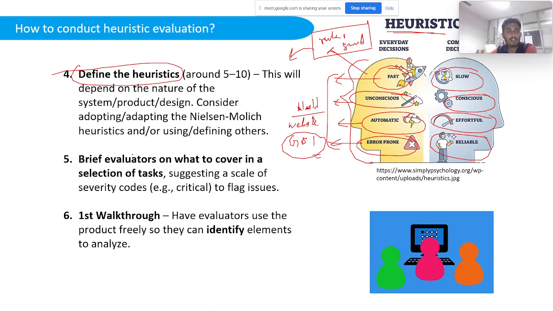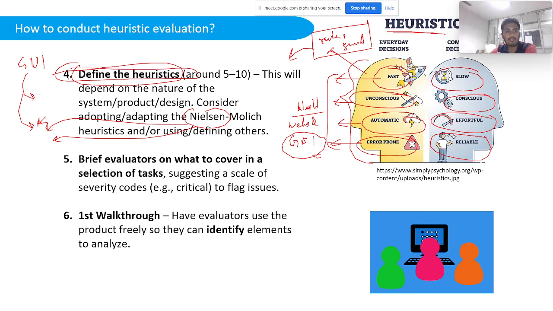There are also extensions of Nielsen's heuristics for speech-based interfaces as well as tactile interfaces. So the original Nielsen's heuristics are for GUI, but there are extensions of GUI heuristics into speech as well as AI systems. Okay, so this is about defining the heuristics.